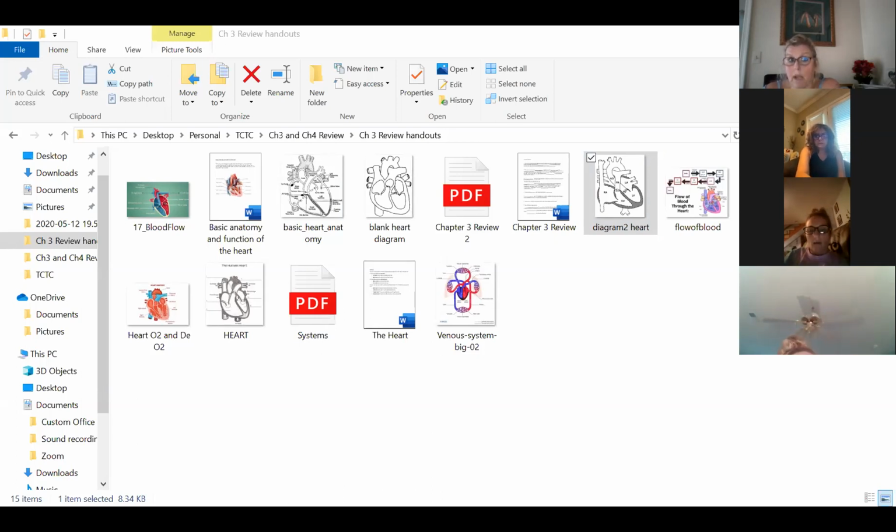Deoxygenated. I don't see a picture. I'm sorry? I don't see a picture. Y'all don't see this? Y'all don't see this blank? I see all the pictures in one page. Yeah, there's a lot of pictures. Well, let's just see. Maybe it's my computer. Hold on.